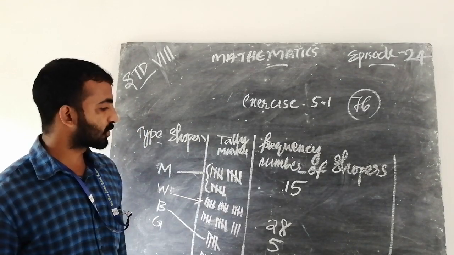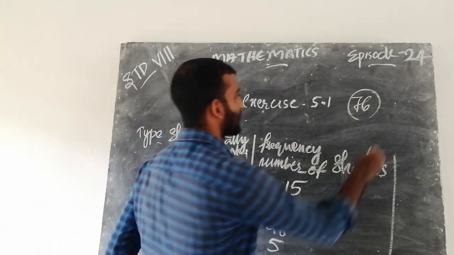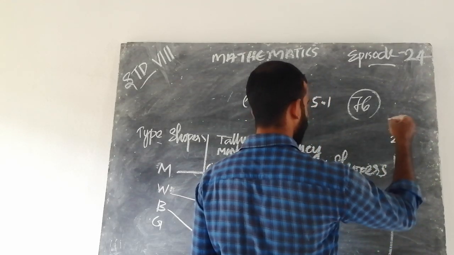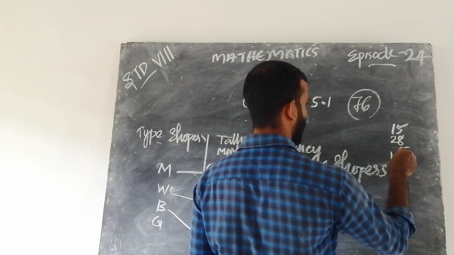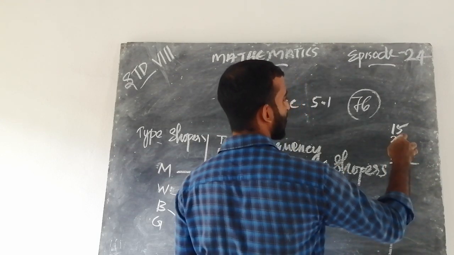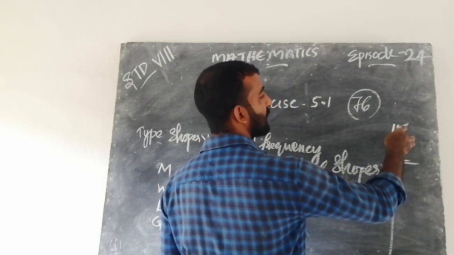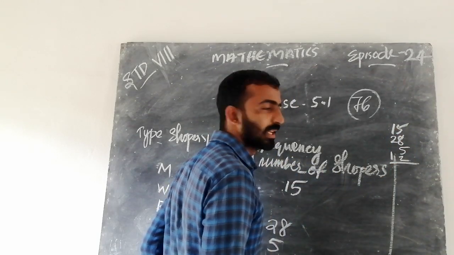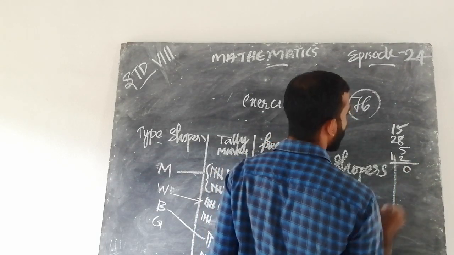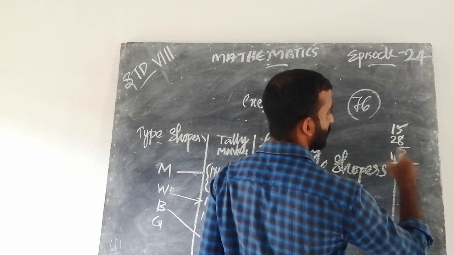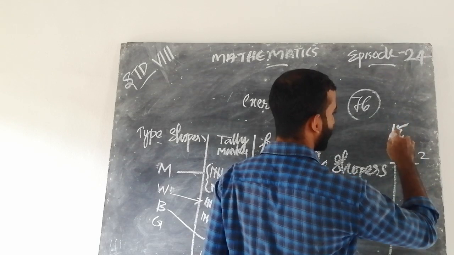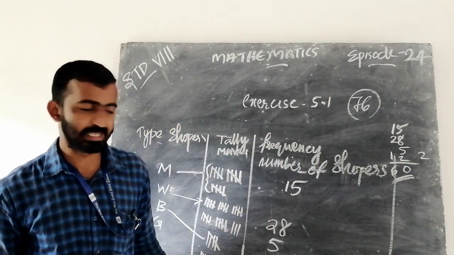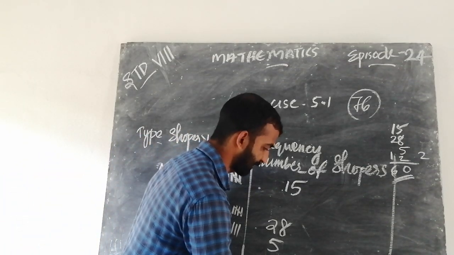The total is 15 plus 28 plus 5 plus 12. That is 60.